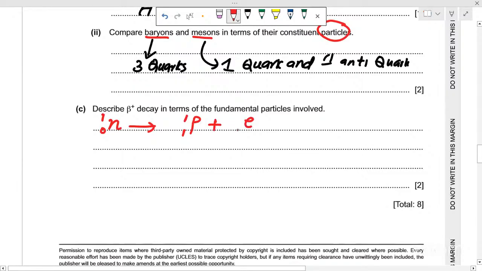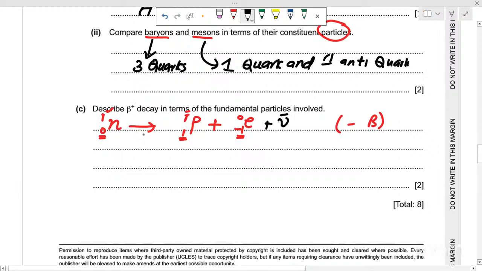Beta negative should be emitted in this case, because positive 1 and negative 1 will add up to 0. So when a neutron changes to proton, then beta negative is emitted, and with beta negative, an antineutrino will also be emitted.